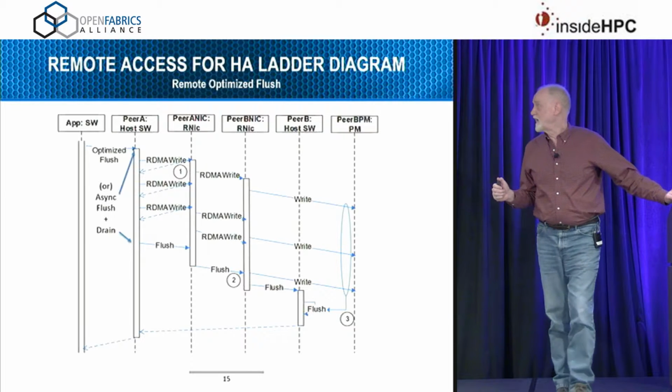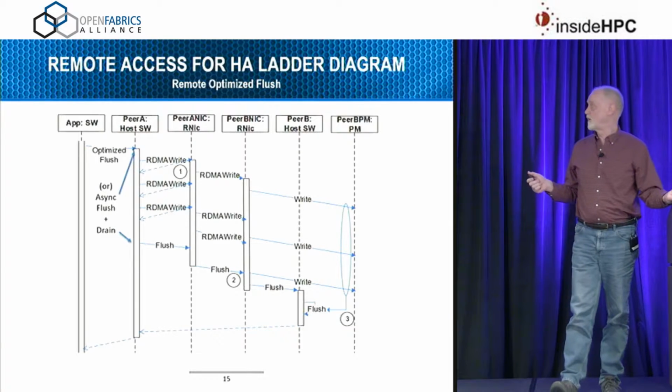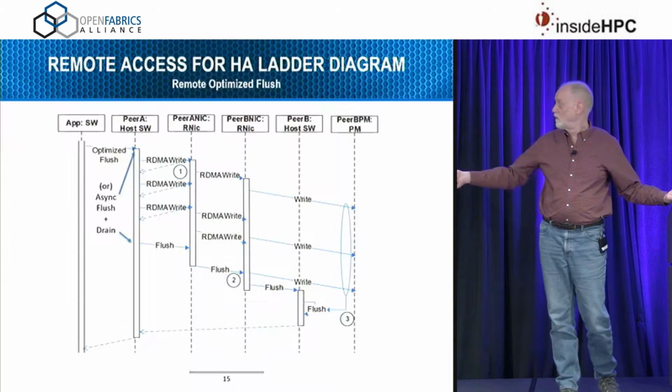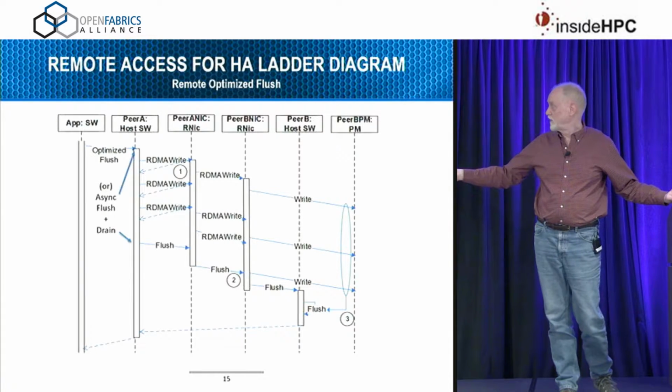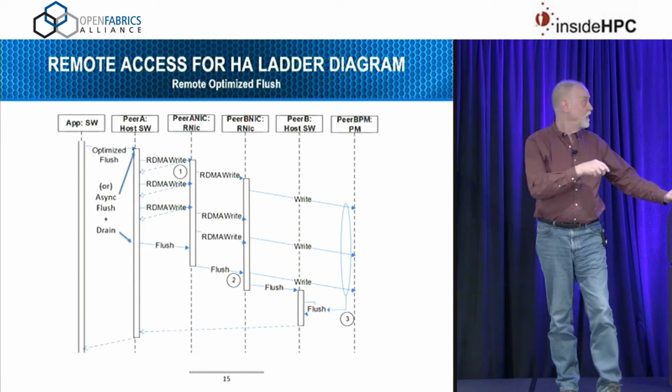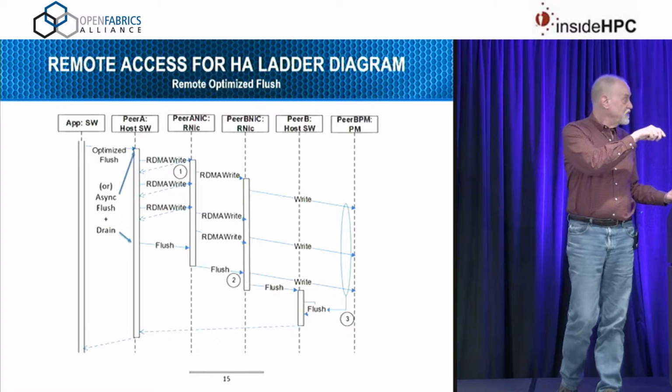So here's a ladder diagram. And there are 2 entry points, so actually 3 over on the left. And they're alternatives. Optimized flush, which enters at the top, basically flows all the way down. And it basically goes write, write, write, flush, right? And then the flush goes through and it comes back and acknowledges. In the alternate implementation, it's 2 calls.